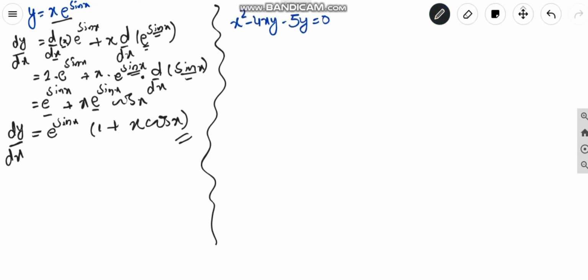This time we are given the function x square minus 4xy minus 5y equals 0, and we have to find the value of dy by dx. So let's differentiate the function with respect to x.